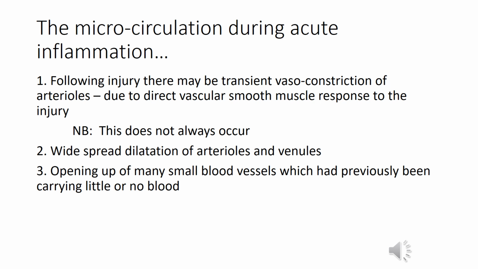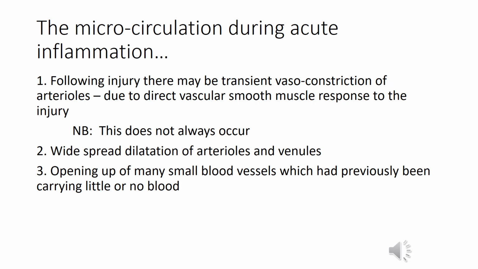When this happens, there is also opening up of all the other small blood vessels. Remember I told you at the capillary bed, some capillaries are bigger than others. Under normal circumstances, blood will usually be flowing through the bigger capillaries. But when there is inflammation, all the small capillaries also open up and they begin to allow blood to flow through the capillary bed.